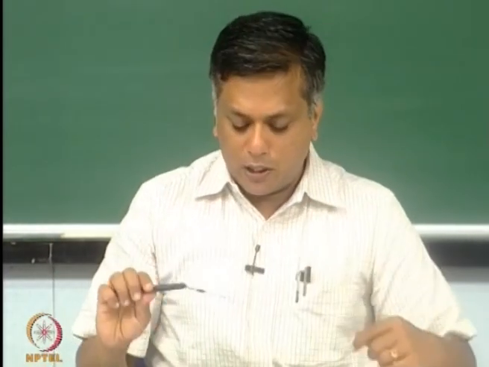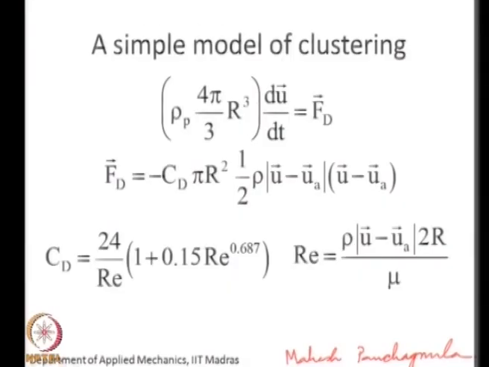And this very simple model for this process is based on Newton's second law, that says that the mass of the particle times the acceleration of the particle equals any external force that acts on it. In this case, the external force is my drag force.